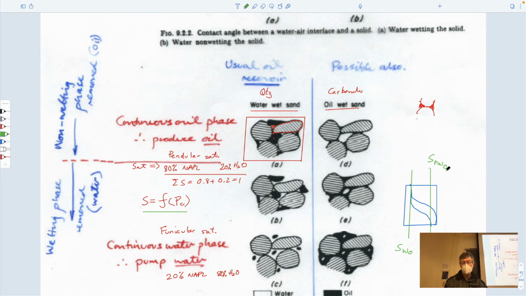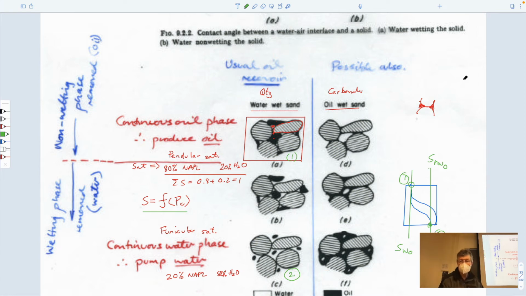Irreducible saturation of the non-wetting fluid. So this case here would be here. And this case here would be there. That's all this is describing.